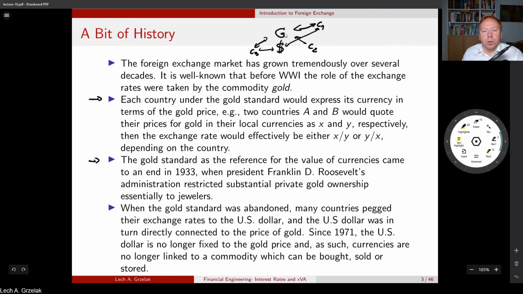In the middle, we don't have the difficulties of transporting amounts of gold. However, on the other side, we still have the gold standard. This means that for every dollar that was printed, an equivalent amount of gold was stored in Fort Knox.